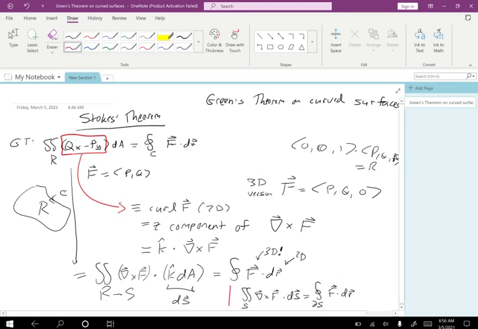And note that partial S just stands for the boundary of S. Okay, so this is actually Stokes' theorem.